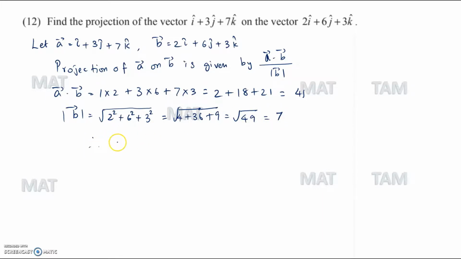Therefore, the projection of vector A on B is equal to A dot product with B divided by magnitude of B, which is equal to 41 divided by 7.